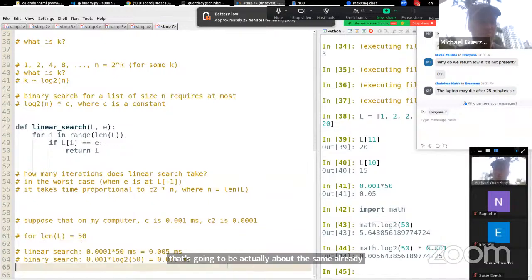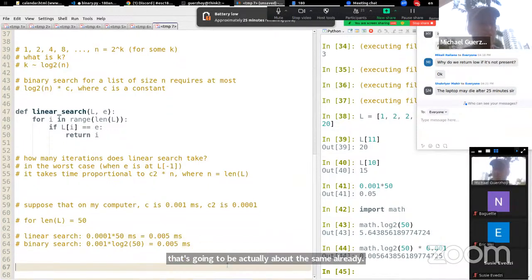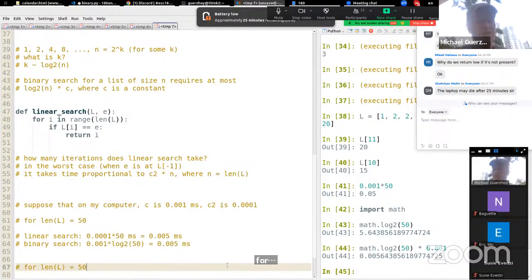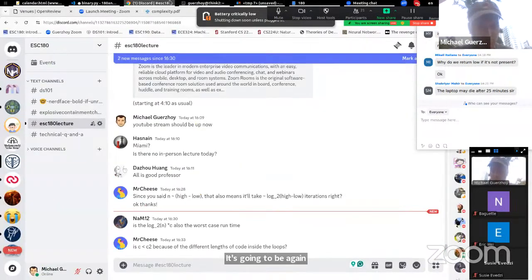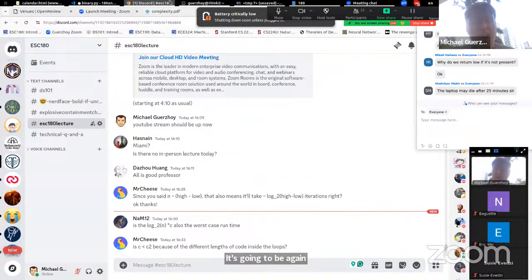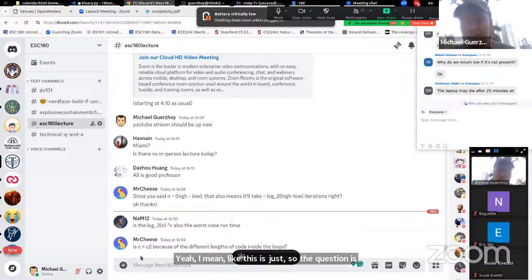For length of L equals, let's say, 50 million, well, linear search is going to be, again, yeah, so the question is whether C is smaller than C2 because of different length.